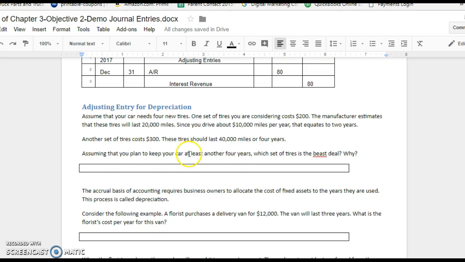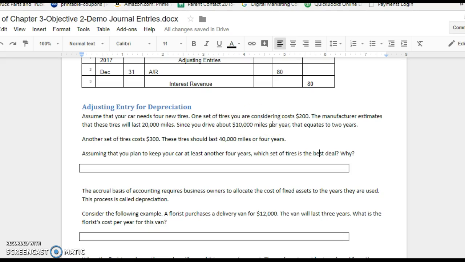Assuming that you plan to keep your car at least 4 years, which set of tires is the best deal and why? So if we take a look, the first one is $200 and they're going to last 20,000 miles, so these are only going to last 2 years.